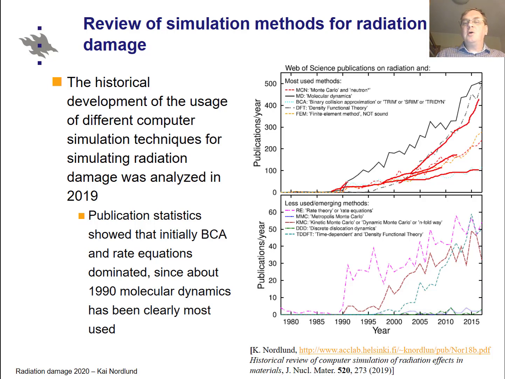But the most used method since 1990 until now is the molecular dynamics method, which, as you see in recent years, since 2015, has had something like 500 publications per year related to molecular dynamics and radiation effects. So this is the motivation why we now spend a good deal of time describing the molecular dynamics method for radiation effects.